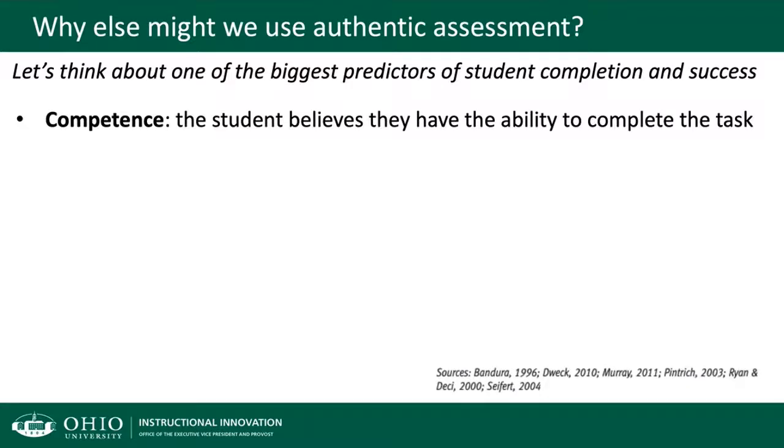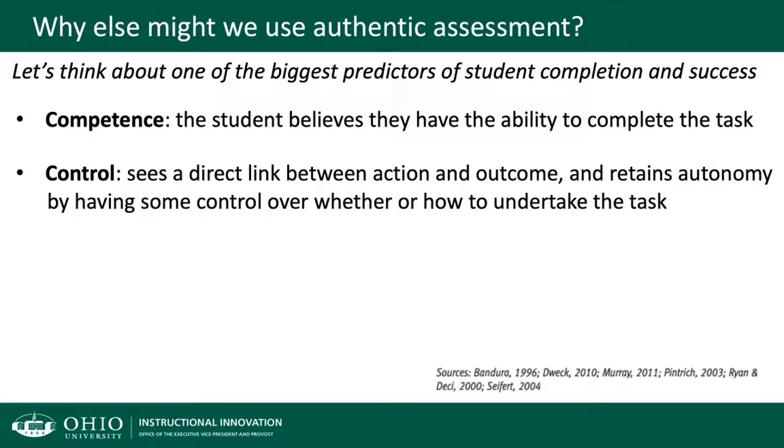So the first one is competency. Students will persist with difficult tasks when they feel that they have the ability to complete the task, or if they can see that their competencies and abilities are developing and improving as they progress through the course.